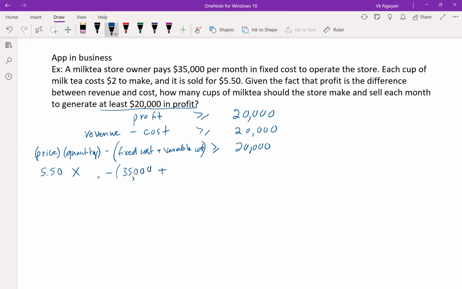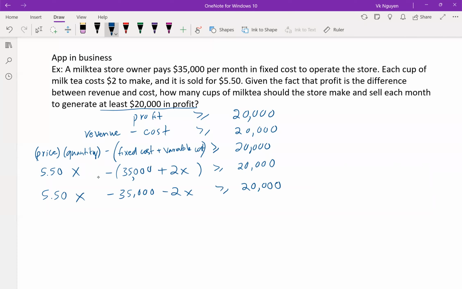Variable cost, well, it costs $2 to make each cup of milk tea, so that would be 2X. Greater than or equal to 20,000. Distribute the negative 1, then we get 5.50X minus 35,000 minus 2X, very good, greater than or equal to 20,000.